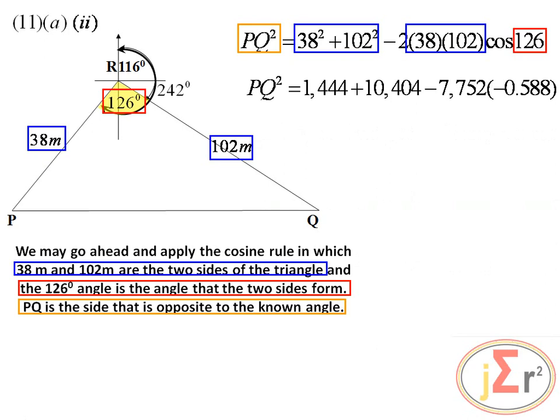So PQ squared, we square 38, we square 102, and in this particular case, we multiply 2 times 38 times 102 right here, and we find the cosine of 126. Then we will add these two, and no doubt, one multiplied by the other, negative multiplied by negative, is positive.